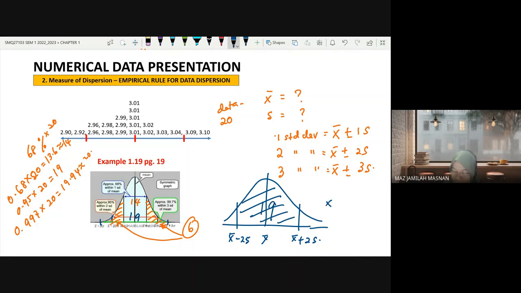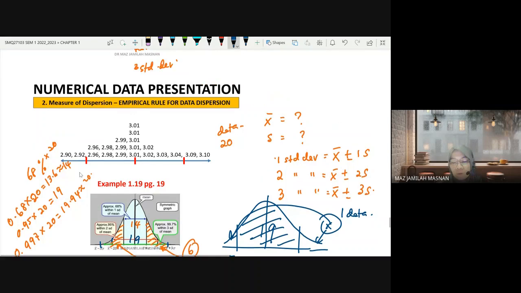Your one data could be over here or could be over here. One data, we don't know. That's how we can use the empirical rule in order to understand our data.